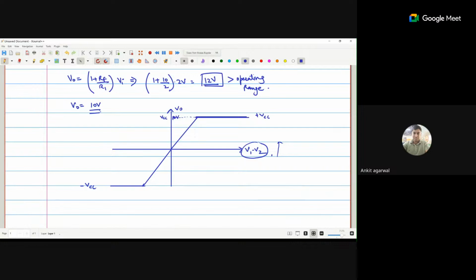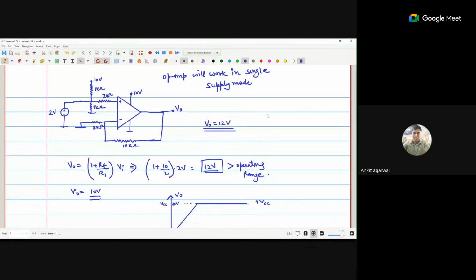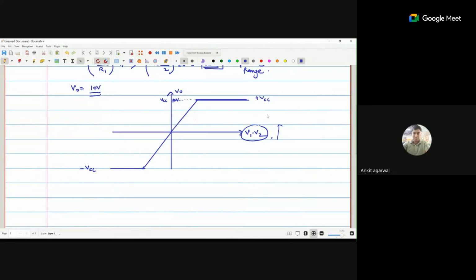Now if we relate this diagram with this particular circuit, we know that minus VCC, the negative supply, is basically grounded, so the curve will be like this one and this one. Why?